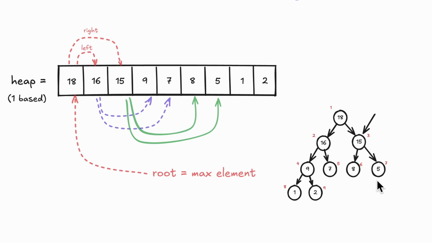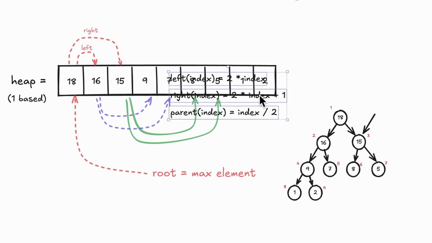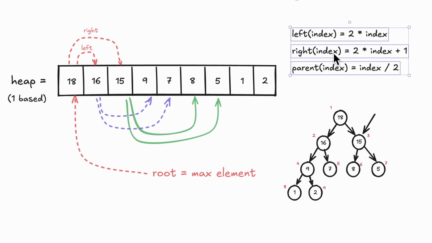So basically this tree has pointers so that I can go to the left and the right. But in this array, how can we go to the left and the right? Let's say I'm standing at index 3. Then how to go to the left of this 15? So here we have certain formulas to remember.